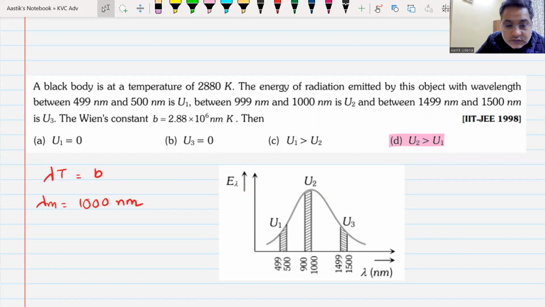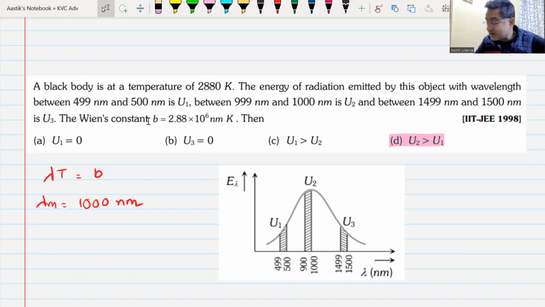Sir, can the energy of radiation emitted never be equal to zero, or maybe it can be equal to zero? I don't understand what you are saying. Which energy?